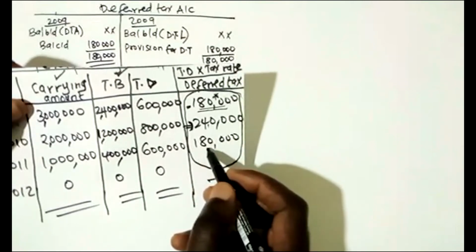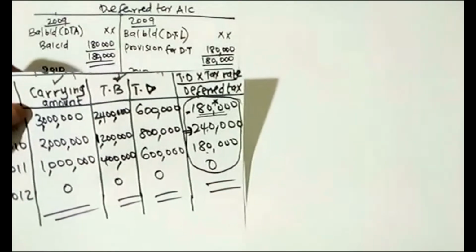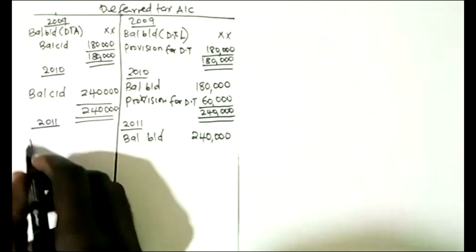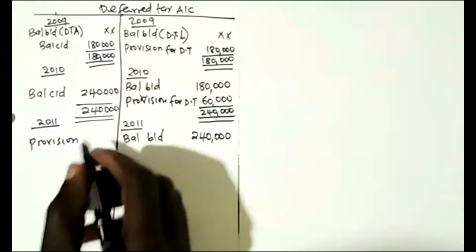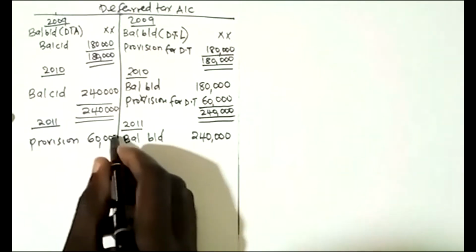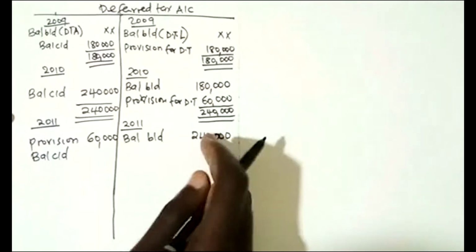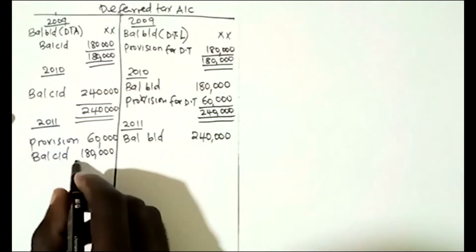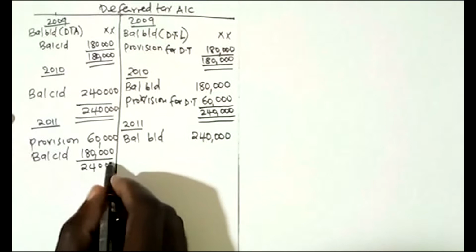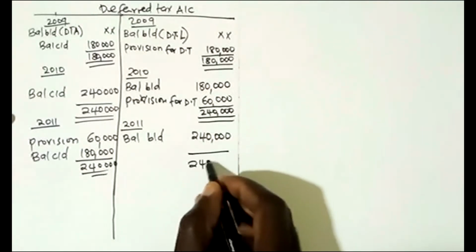So which means that there's a deferred tax income there. They never made a provision, but their obligation reduced. So the difference of 60 I will debit here, a provision, but now which is an income, the 60. So that my balance carried down, to make this balance, the difference between the two will be 180. So that I get 240. And here we have the 240.